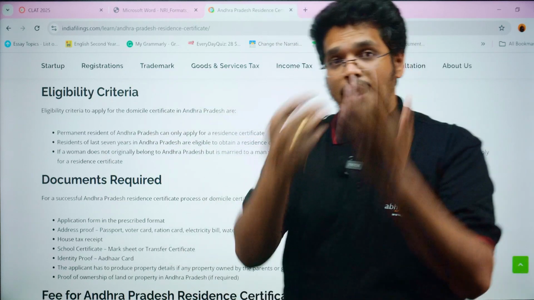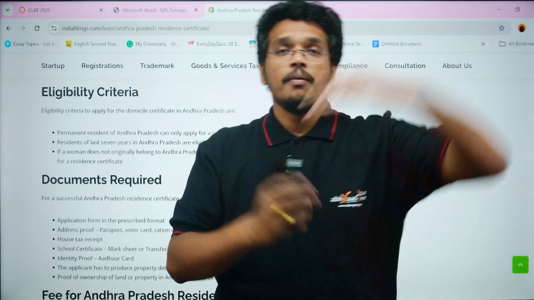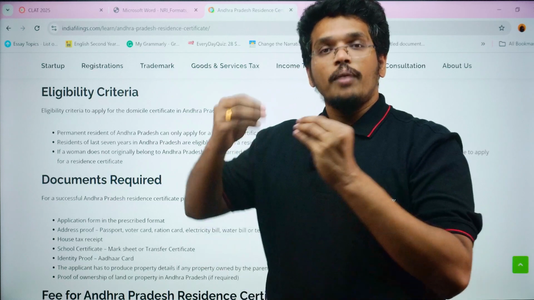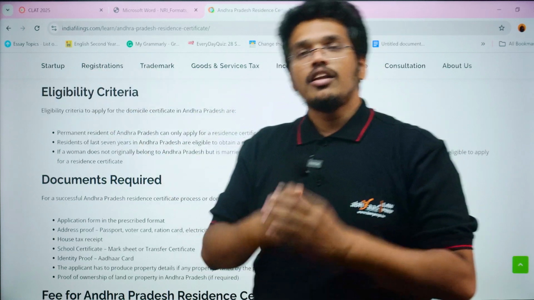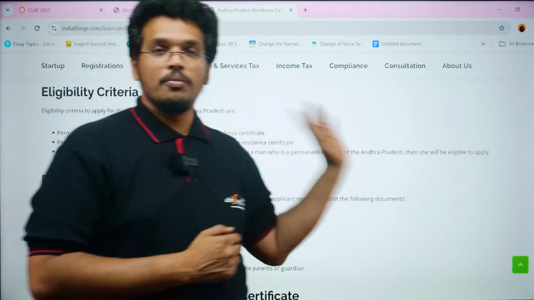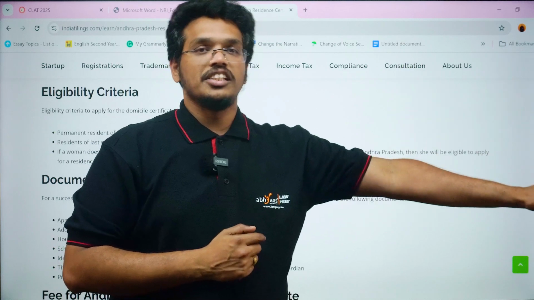And if you are a married woman, if you are a woman who belongs to some other state but moved to Andhra Pradesh and you are married to an Andhra Pradesh man, then you can apply for the domicile category certificate. The man must be an Andhra Pradesh resident.